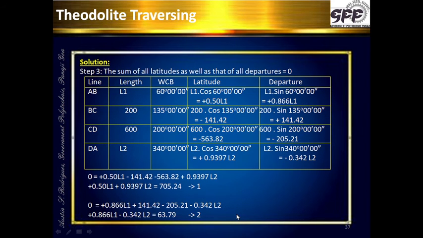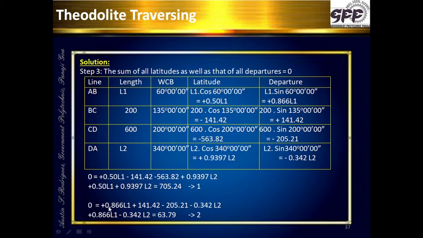Going further to step number 3, the sum of the latitudes as well as that of departures should be equal to 0. So we put the latitudes equal to 0 and get the equation. 0.50 L1 and 0.9397 L2 remain, and the constant terms move to the other side, which comes to 705.24. That becomes equation number 1: 0.50 L1 plus 0.9397 L2 is equal to 705.24.